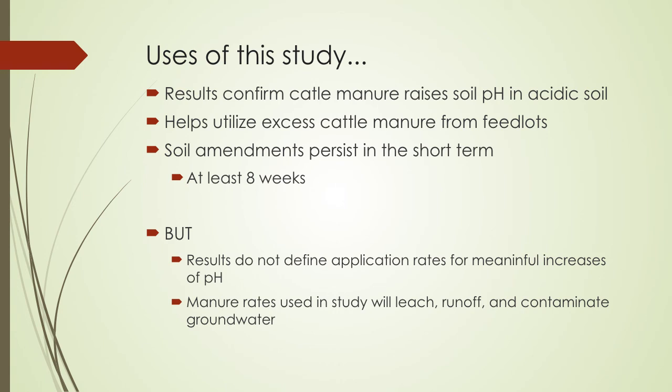So if they were able to prove that you can substitute to some degree cattle manure to raise your pH instead of just spreading lime on the field, or have some sort of ratio, this would be a very worthwhile venture to pursue. So this research, unfortunately, does not give us any sort of meaningful rates that we can use for application rates for farm fields. But this can lead on to a further study.